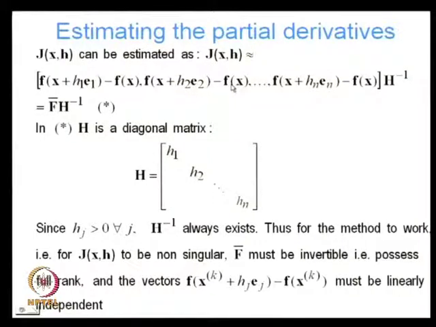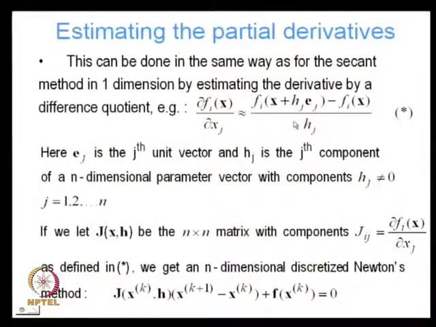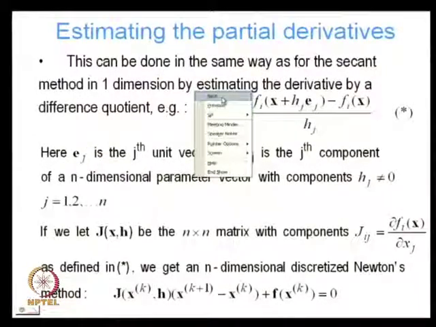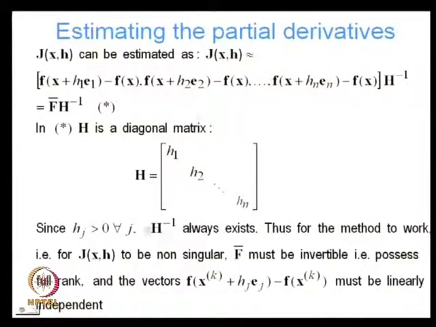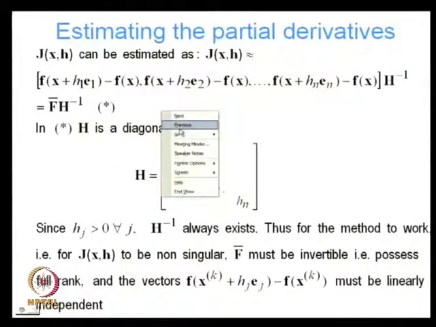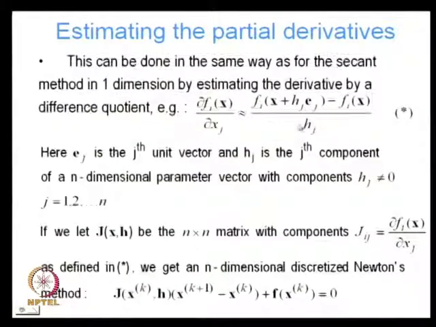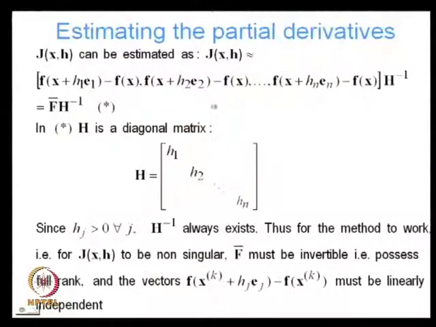For all those partial derivatives I am going to get a term like this, right, and I have to divide by these h's. So, I am taking those h's outside and writing it as a diagonal matrix. This equation is identical, I am just writing it in matrix form.